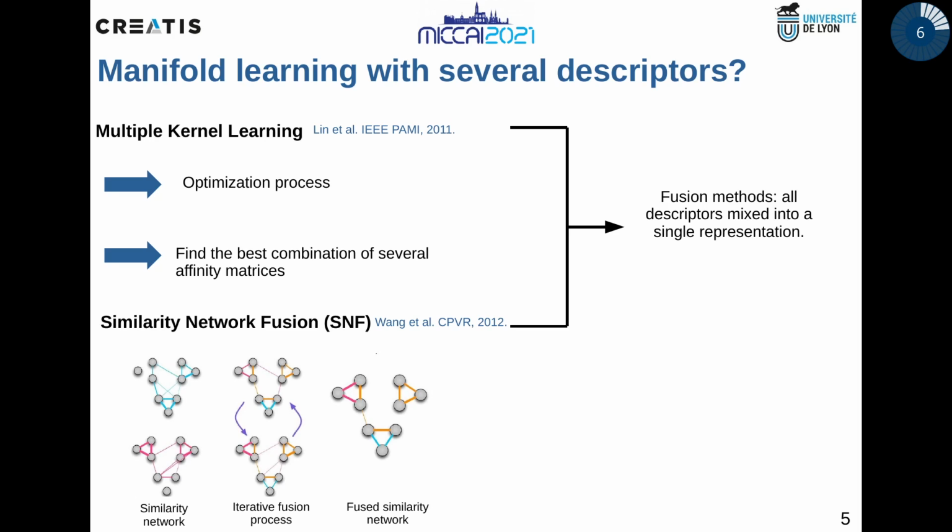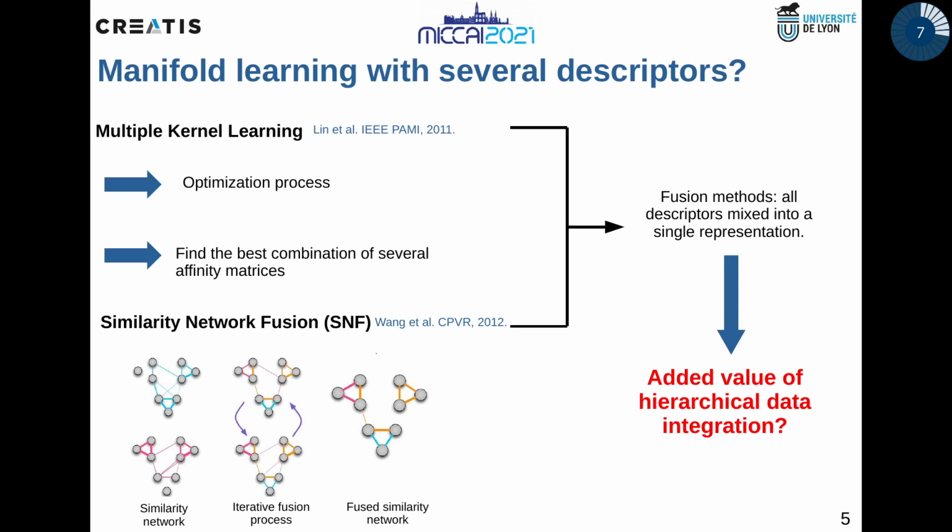The problem of both of these methods is that they put all descriptors on the same level, but in our case, we have a clear hierarchy between the segmentation for one part and the images for the second part.